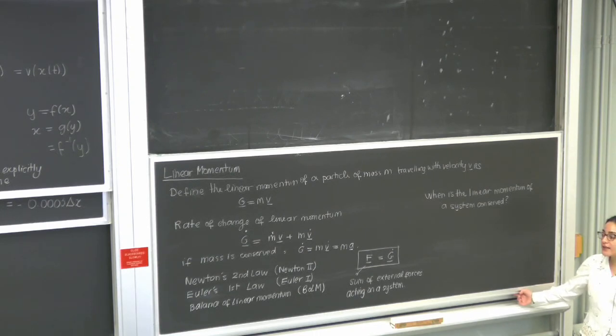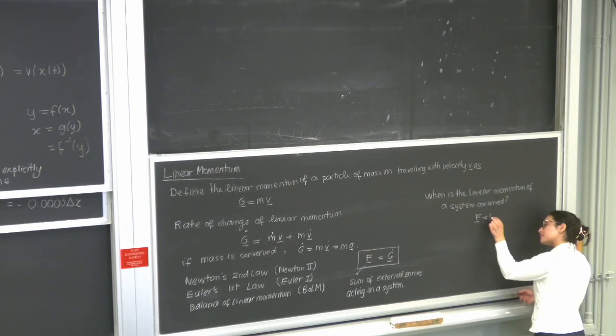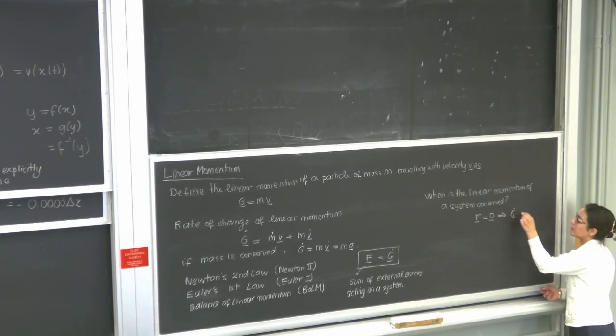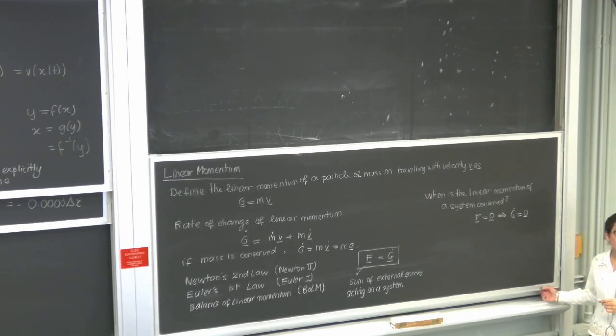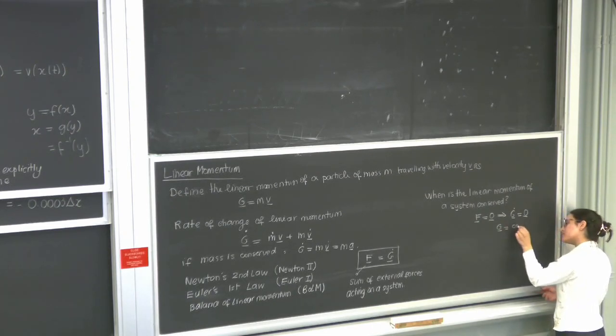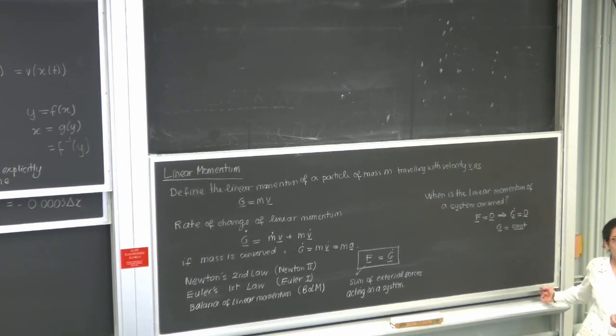When there aren't any forces acting on the system, when F is equal to 0, this means that G dot is equal to 0 from the balance law. So G is constant. It's a constant vector.